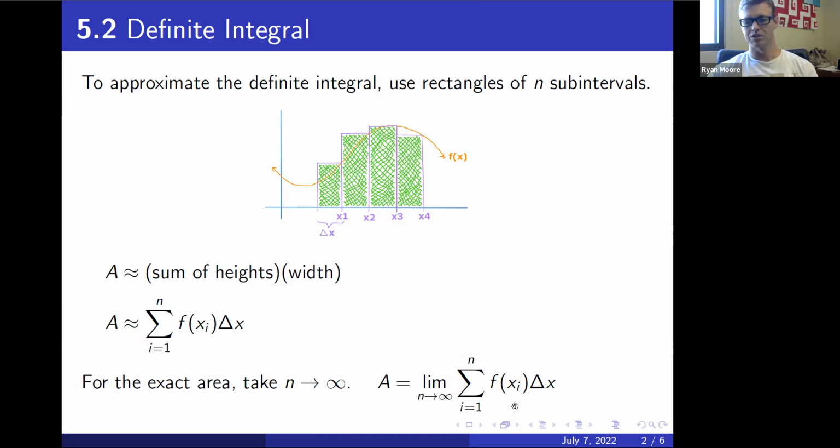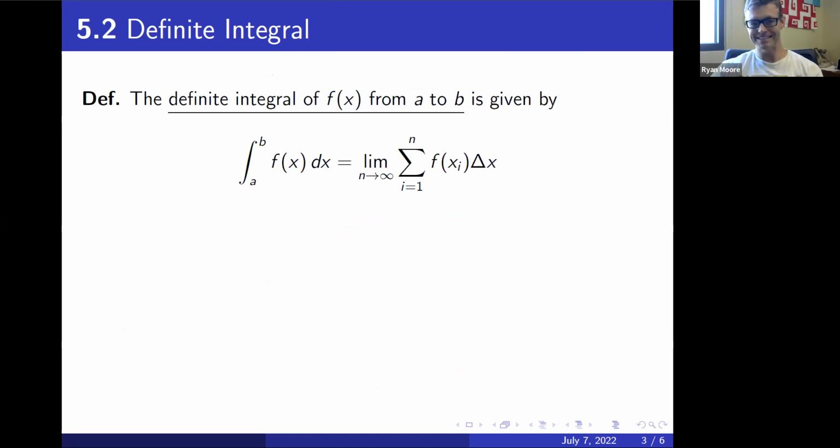Wow. So we have this formula for how to get the area exactly. If we can just leave n as a variable and take the limit as n goes to infinity, we can get this definite integral perfectly. This is the definition of the definite integral. The definite integral of f of x from a to b is given by this.